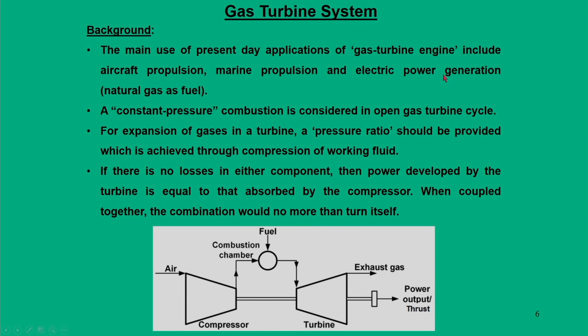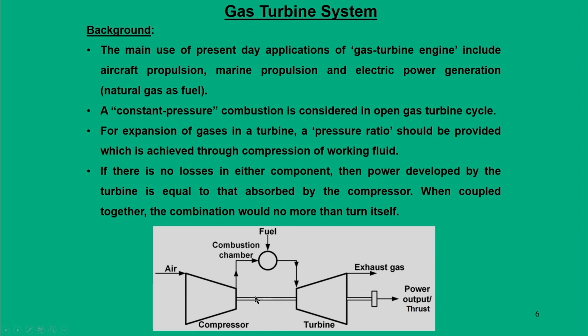But normally in a jet propulsion or aircraft propulsion system, the fuel is typically aviation fuel, that is, high grade kerosene, whereas in a gas turbine system the fuel could be natural gas, or conventional diesel like in marine propulsion. So, that variation is possible in gas turbine engine systems.